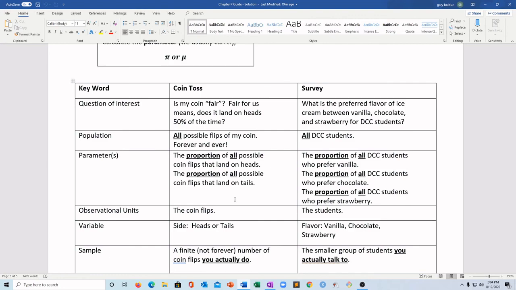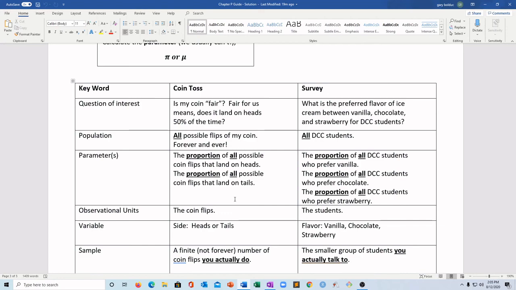The next one is survey. And the question we're trying to ask here is, what's the preferred flavor of ice cream between vanilla, chocolate, and strawberry for DCC students? If you like having background stories with these types of things, maybe you're throwing some kind of ice cream social and you need to know what type of ice cream to get, but because of the deal you can only get one flavor.